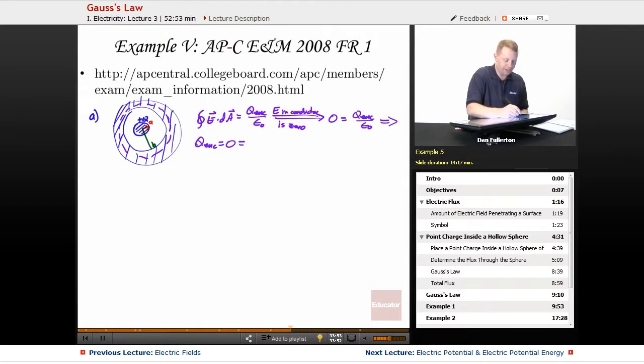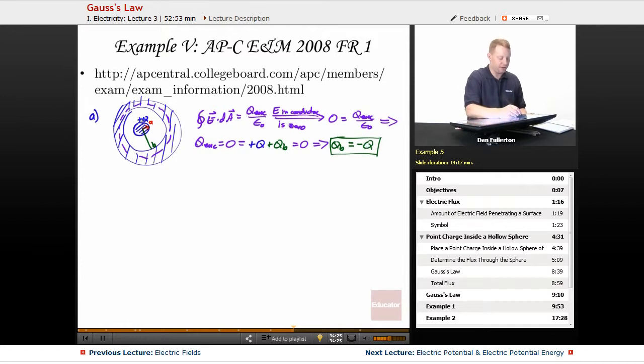And Q enclosed includes plus Q from our inner sphere plus, let's call it QB, whatever we have on the inner surface of this shell, must be equal to 0. And if Q plus QB equals 0, that implies to me that QB must be equal to negative Q. So our answer is negative Q.